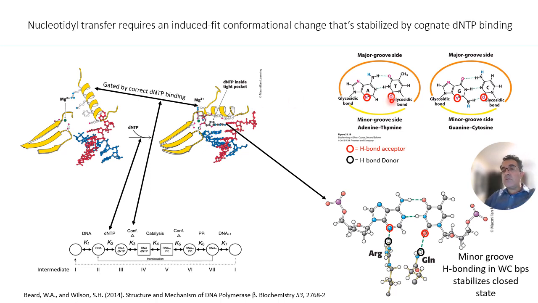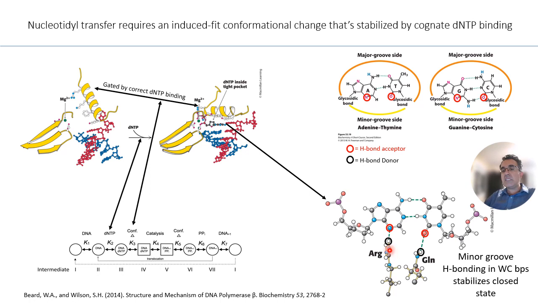So the minor groove of DNA has two hydrogen bond accepting groups, regardless of what the base pair is in that position in the DNA. So whether you've got an AT or a GC or a CG or a TA, you're going to have two hydrogen bond acceptors in that minor groove.